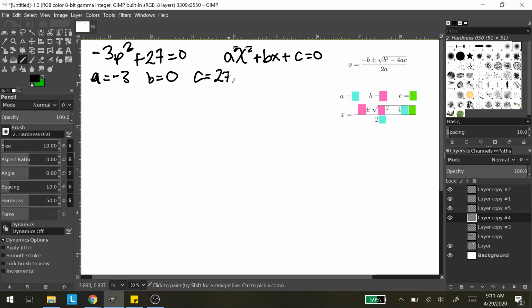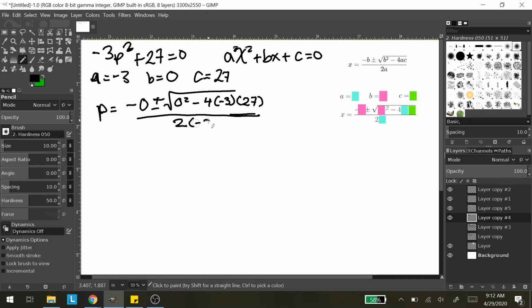And then we just do it like normal. Plug it into the formula. In this case, it's going to be x equals the opposite of b, which is 0, plus or minus the square root of b squared minus 4ac, all over 2a. Well, this actually is pretty easy because there's so many zeros.